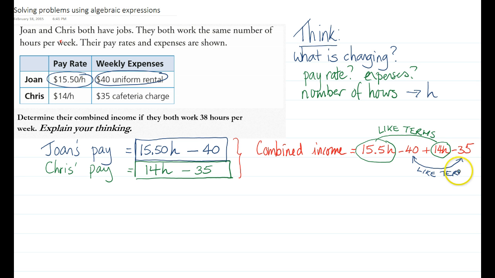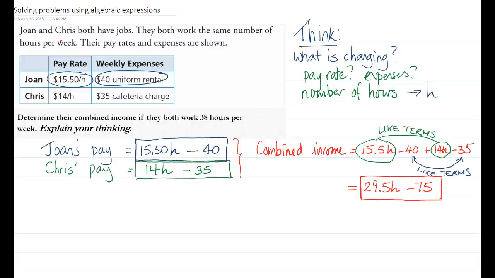So we can add together, we call it collecting like terms. If we do that, 15.5H plus 14H is 29.5H, and minus 40 minus another 35 is negative 75. And so this expression here is an expression for the combined income. If we want to find the combined income of the two people, we can use that expression to figure it out.